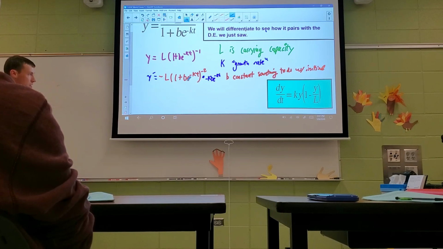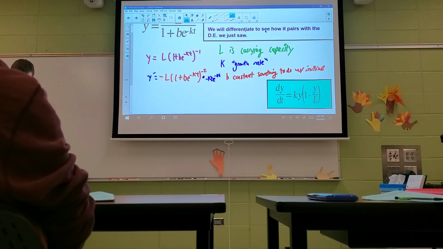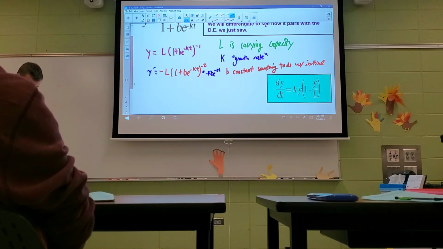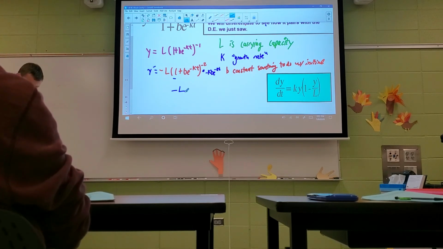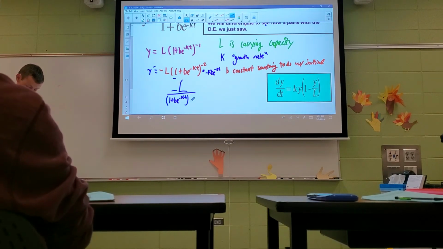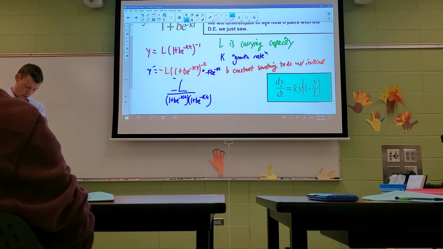Now if you're looking at this, it looks like absolutely nothing like this. So from here, how do I get this to look like this? I'm just going to do some fancy, weird algebra. First, I'm going to rewrite this as negative L over, and since this is squared, I'm going to write it twice: 1 plus b e to the negative kt, 1 plus b e to the negative kt.